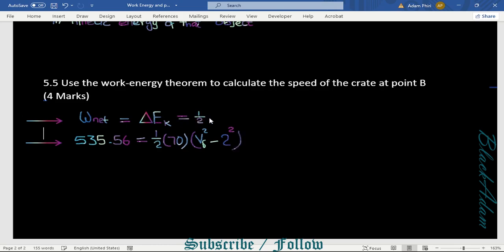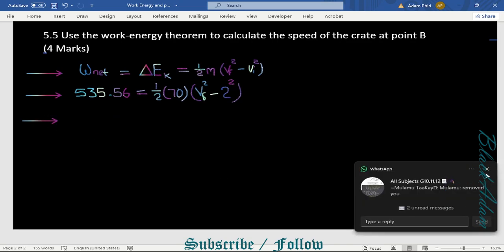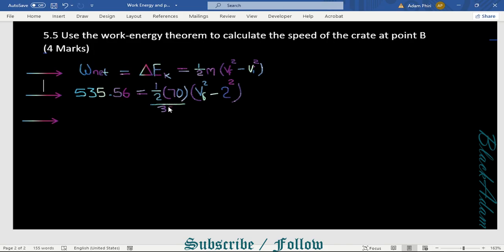So that's the equation for the change in kinetic energy. Half of 70 is 35, so 535.56 equals 35 times the bracket of final velocity squared minus 4.